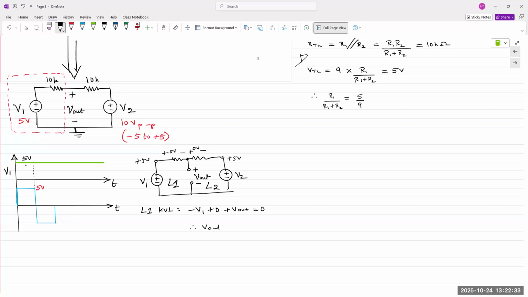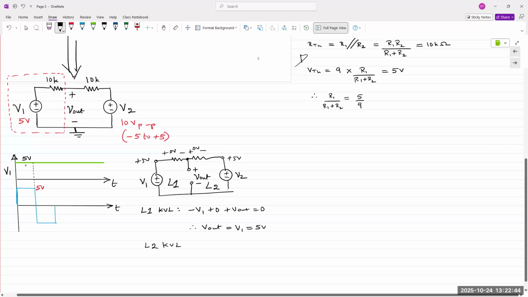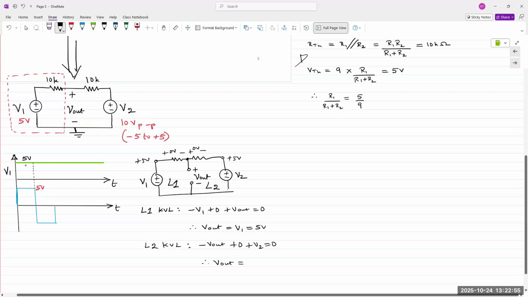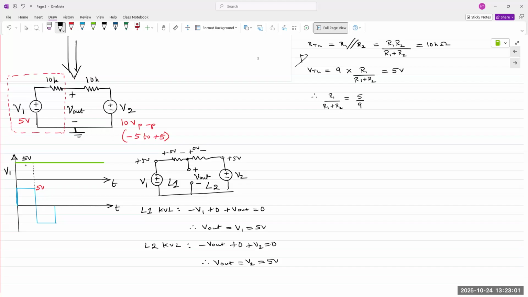Therefore, my V out is equal to V1 is equal to 5 volts. If I apply KVL to loop 2, I get minus V out plus 0 plus V2 is equal to 0. So V out is again equal to V2 is equal to 5 volts. That's the mathematical proof of how V out is equal to 5 volts.